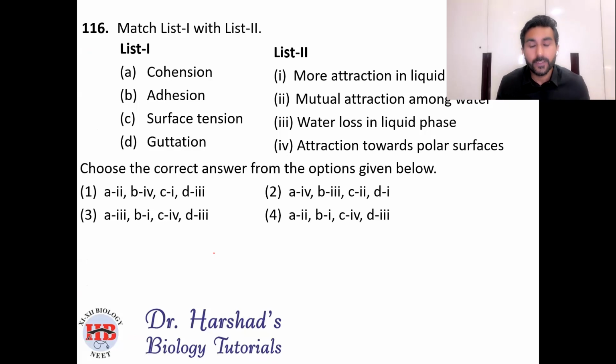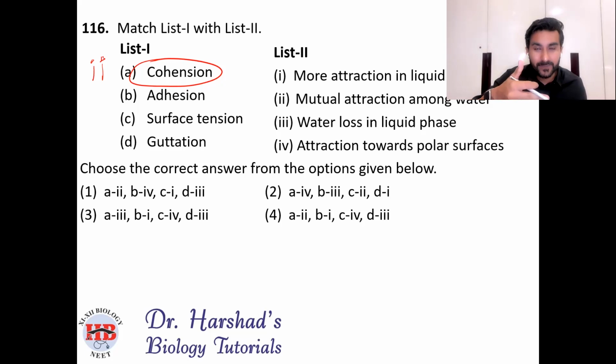Again, it's a question on match the column. They've asked you about cohesion. Now, cohesion, if you remember, is the force of attraction between similar molecules. That means it would be the mutual attraction between water molecules. So A would be option 2. Adhesion is the attraction between dissimilar molecules, which would be the attraction between water and polar substances, such as water and the heads of the phospholipid in the plasma membrane.